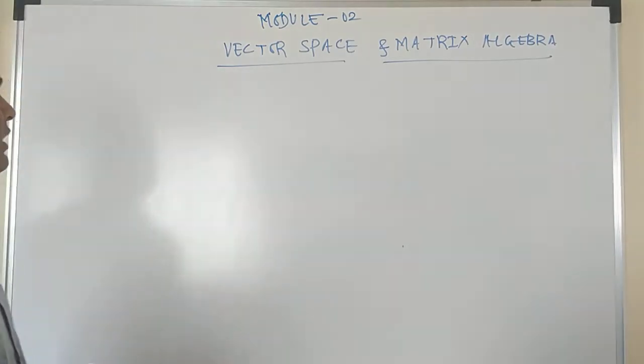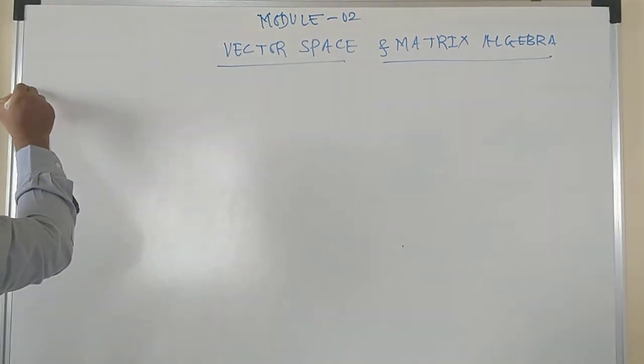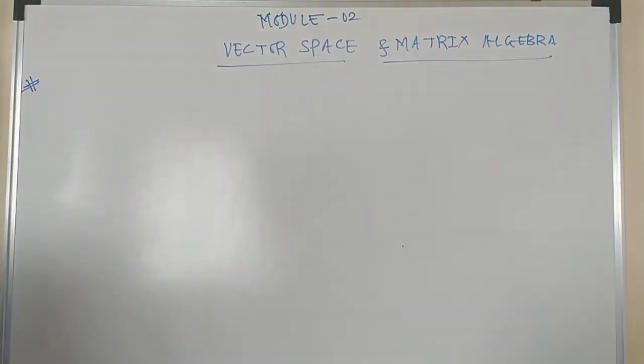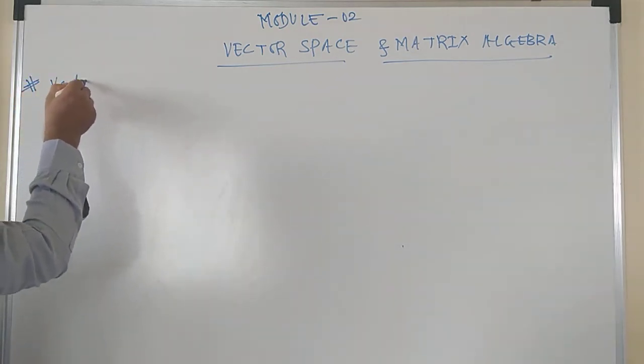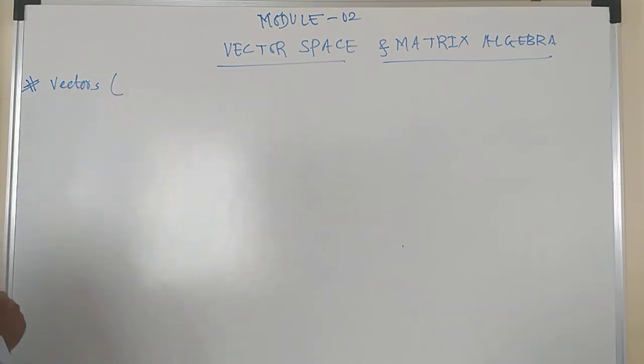The various topics that we have to study in vector space and matrix algebra are: the very first topic is what is meant by vector space and vectors, and in particular we have to study dependent and independent vectors.